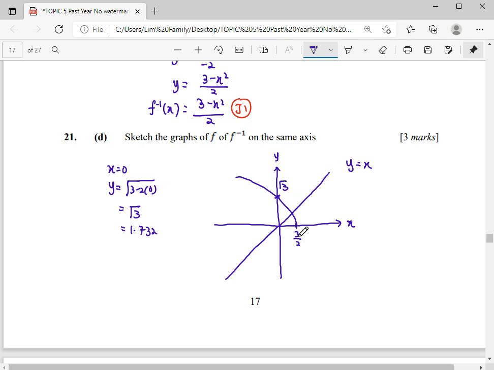So make sure we draw it correctly for our function. 3 over 2 here should be a bit higher because sqrt3 is longer than 3 over 2. Don't forget, this one we label f(x). So lipatlah kertas awak, then lipat, then gores, tengoklah di mana kesan lagi satu yang f inverse ni keluar ni.